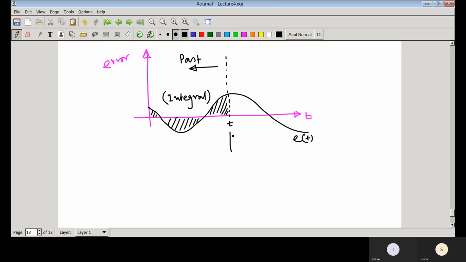Now at t, the value of e(t), the proportional controller gives you that input, that is Kp into e(t). So the present is associated with the proportional controller.